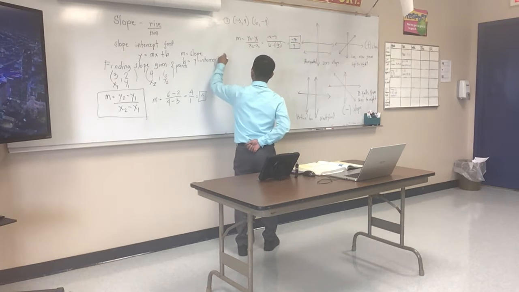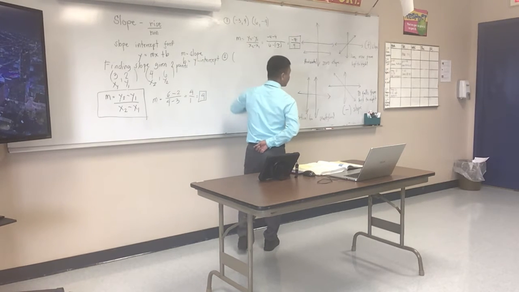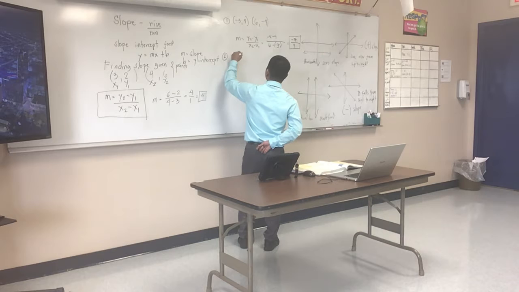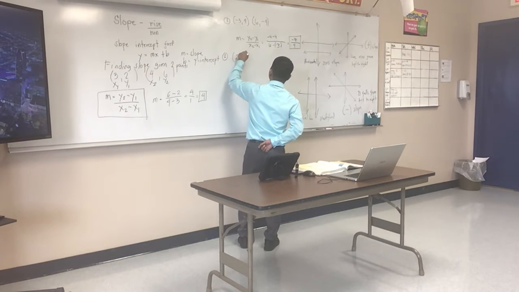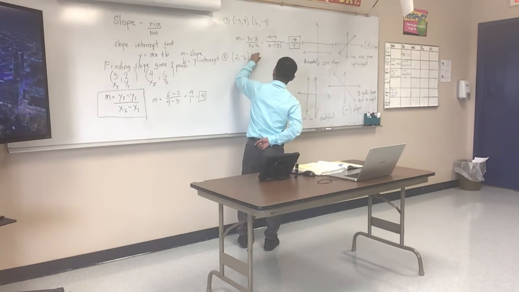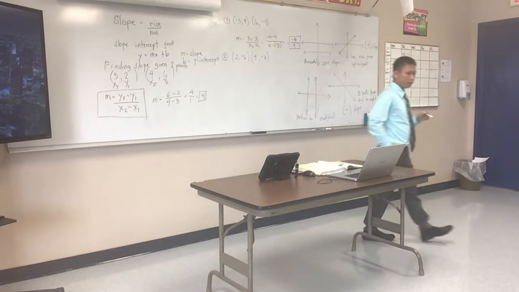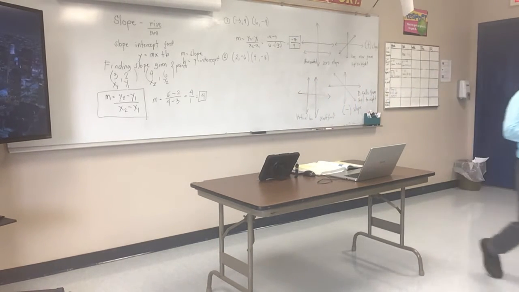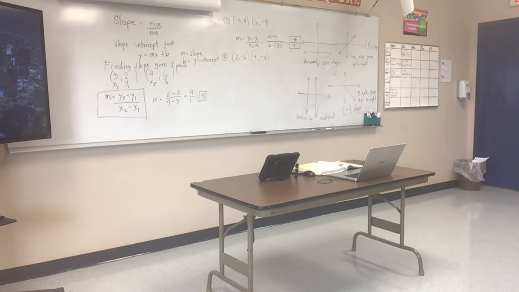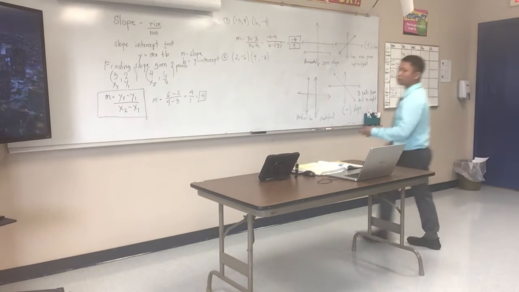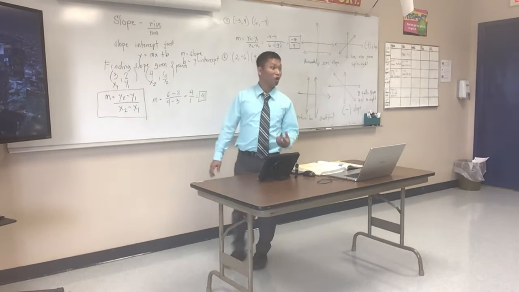Going back. For example, we have here the set of points (2, -6) and (4, -8). What would be our slope here? Can you solve it on the board? Later, we are going to identify the equation of a line.